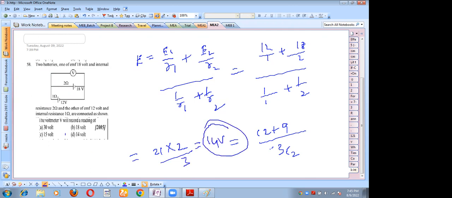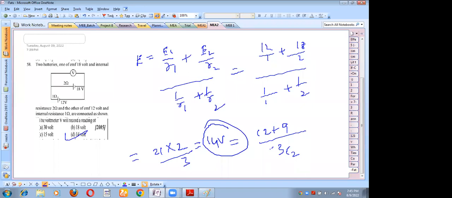The answer was correct, we get 14. It's a parallel combination of cells. Alright, so this is how we should proceed for parallel combination of cells.